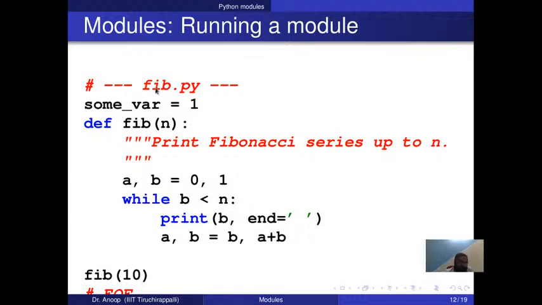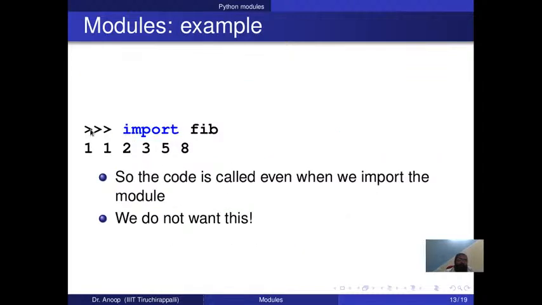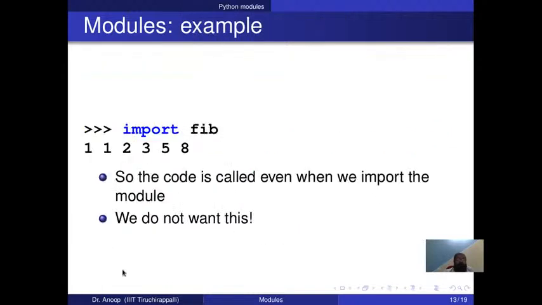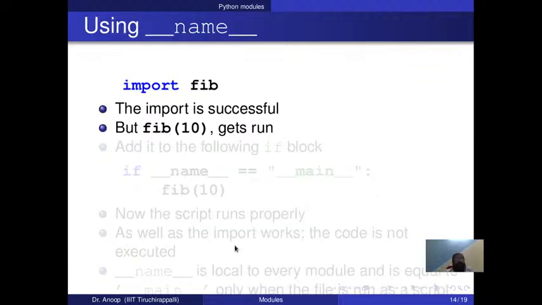So we have some var, the fib function, and fib of 10 being called. If you do it this way, the problem is that every time you do an import fib, the fib of 10 will get executed automatically, and that is going to print 1 1 2 3 5 8. That is why it says the code is called even when we import the module. You do not want this, and that is the reason why you can do something like this.